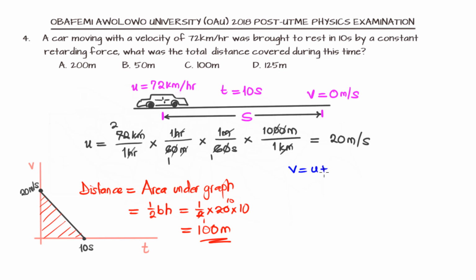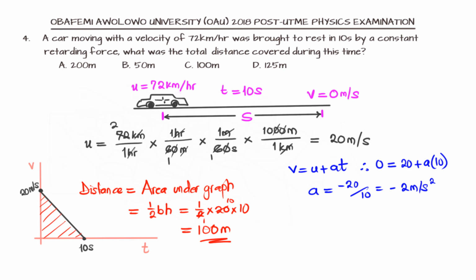Well, we can use v is equal to u plus at to find the value of the acceleration. Now, v, the final velocity, is 0, the initial velocity is 20. We don't know acceleration, but we know time to be 10. Solving this, our acceleration will be minus 20 meters over 10, which is minus 2 meters per second square. That's meters per second square, not meters per second.